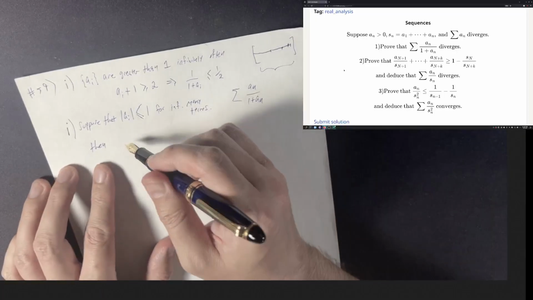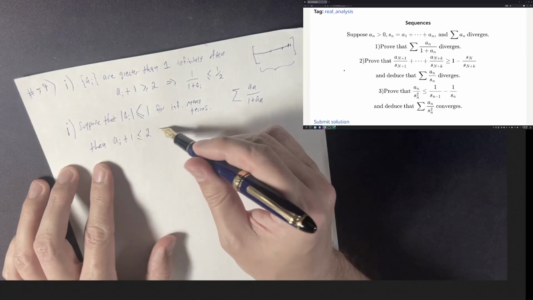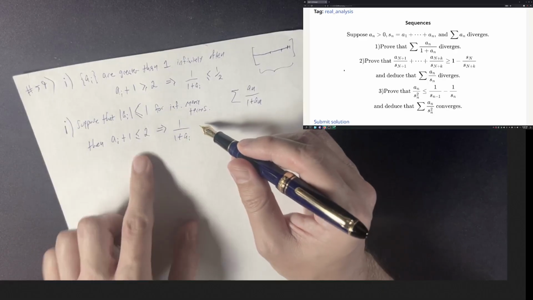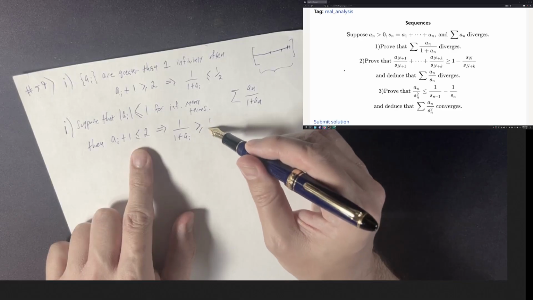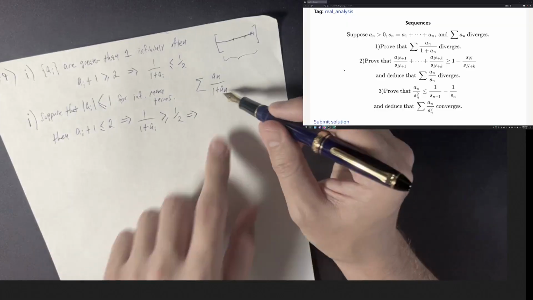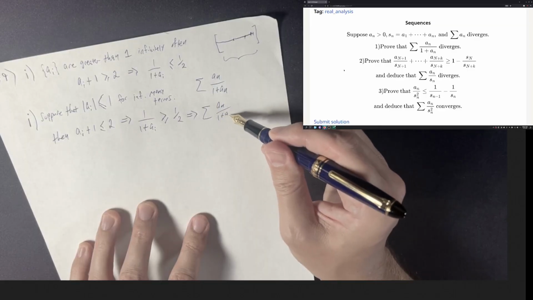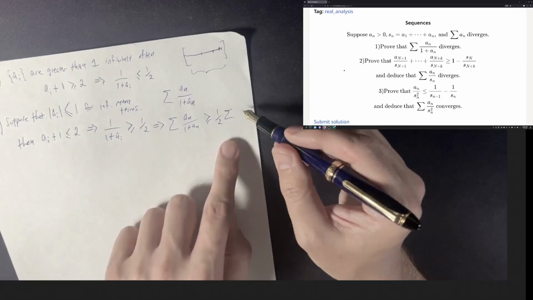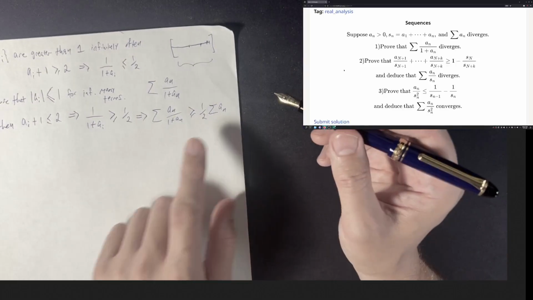Then we can say that a_i plus 1 is bounded by 2, and therefore its reciprocal is bounded from below by half. And so this series, a_n over 1 plus a_n, is greater than half of just the a_n series. That's the numerator, and we know this is divergent, and therefore this is divergent.